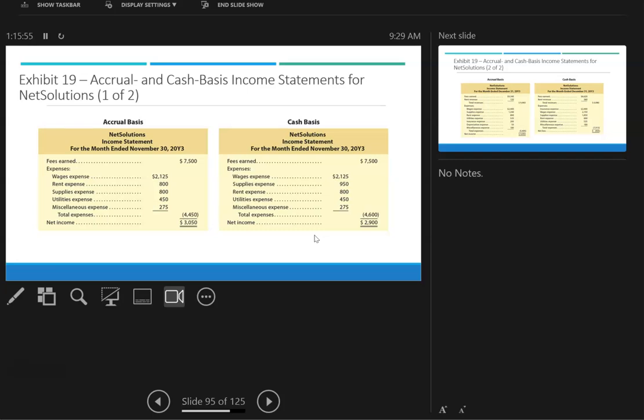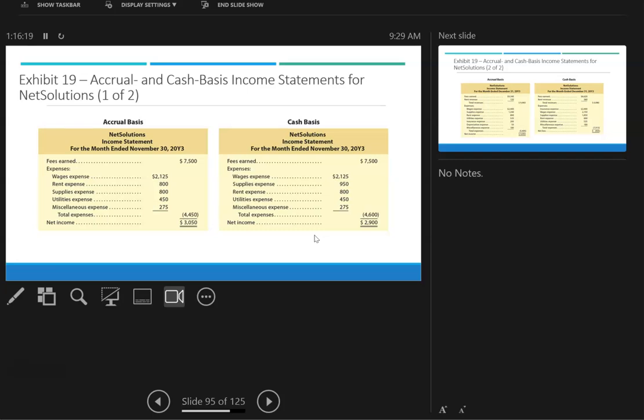In this scenario with Net Solutions, we show the financial statement using the accrual basis, and then we show a financial statement using the cash basis, meaning only when the revenue comes in as cash or when the expenses are paid out as cash. Do you see in this scenario, we've got some changes here.